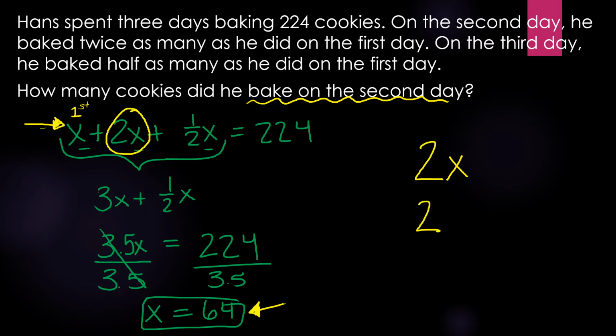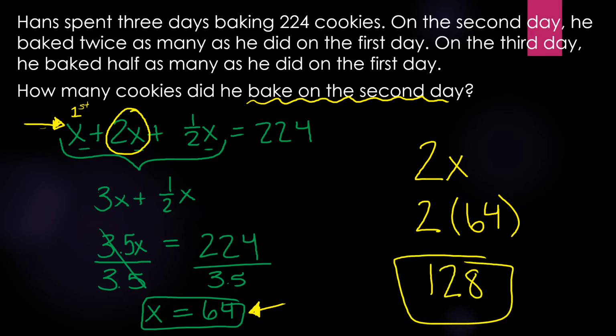So I'm going to take 2 and multiply it to 64. 2 times 64, you can type this into a calculator if you would like. When you do that, you will get 128. So that means that Hans is going to bake 128 cookies on that second day. That is quite a lot of cookies to bake in one day.